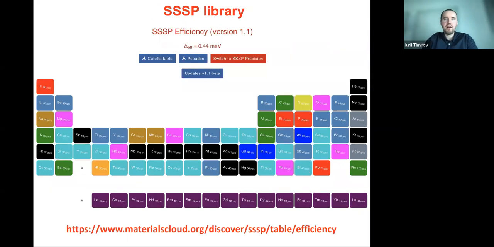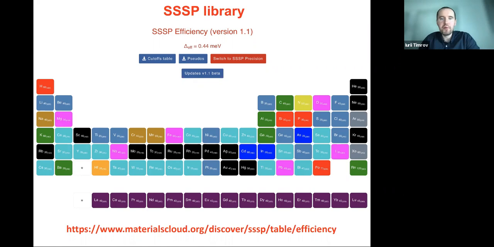And speaking of the SSSP library, the link is below. But again, these are very well tested pseudopotentials. So what was done: people from Lausanne, from EPFL, from the group where I work now, took the different existing pseudopotential libraries, and they compared all of them.